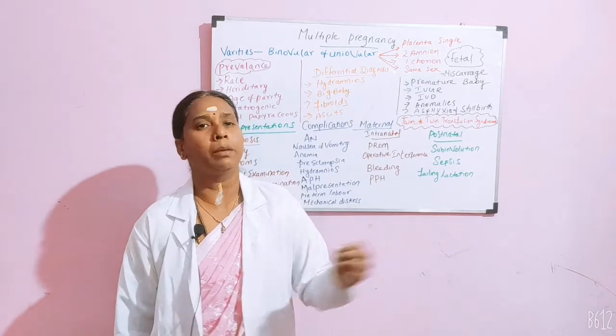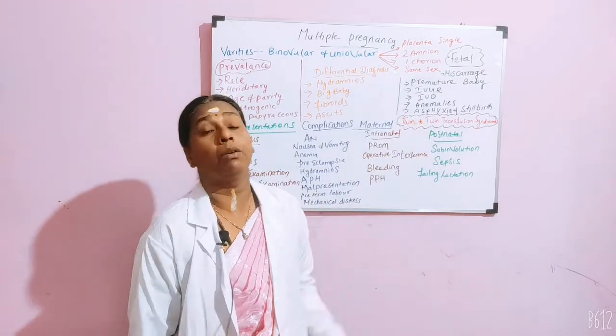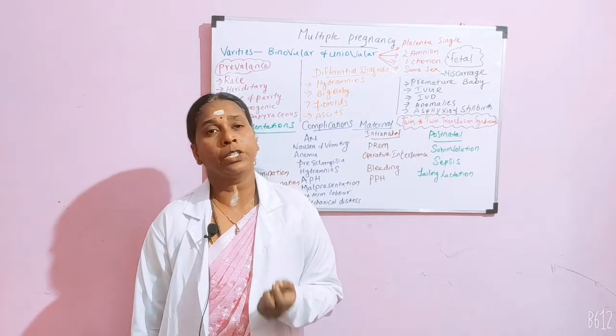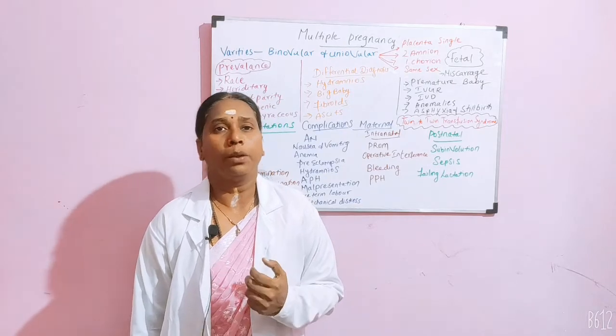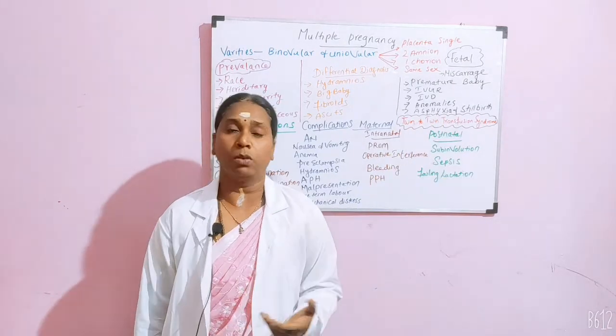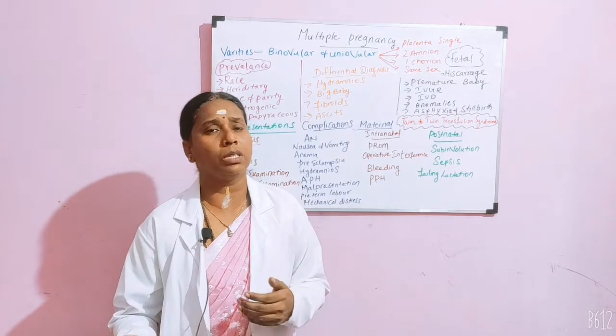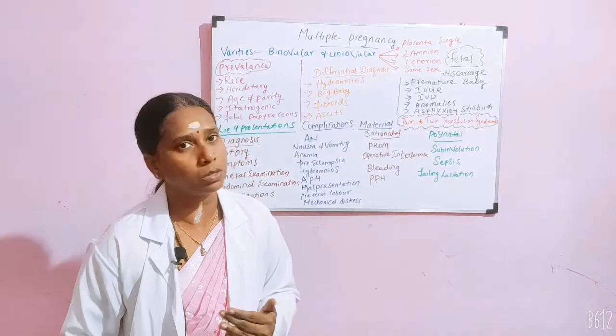So at that time there may be a preterm baby also. And then we have intrauterine growth retardation. When there is inadequate nutrition for the baby, there is intrauterine growth retardation, and intrauterine death also may be the next step. When the nutritional deficiency is high, intrauterine death may also be present.